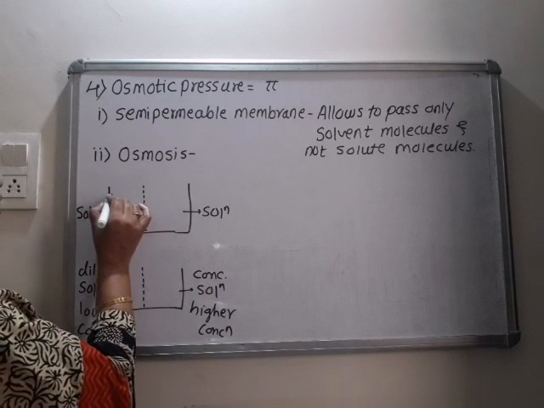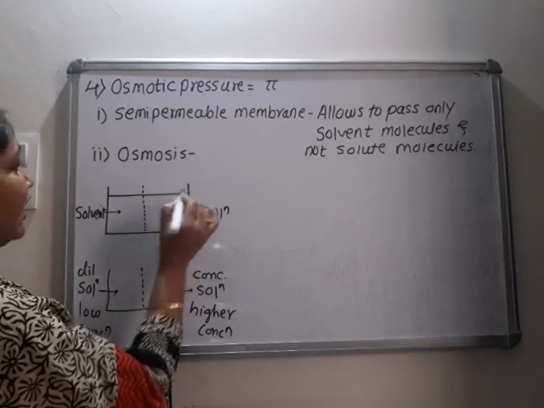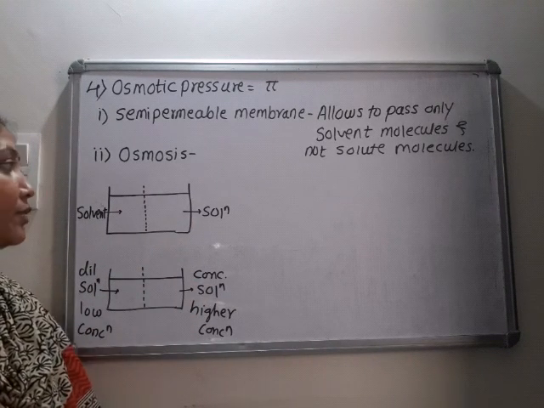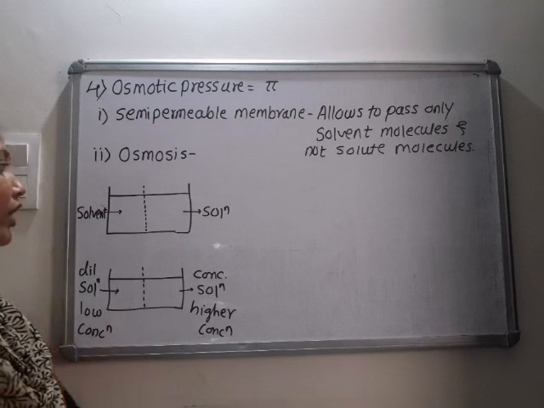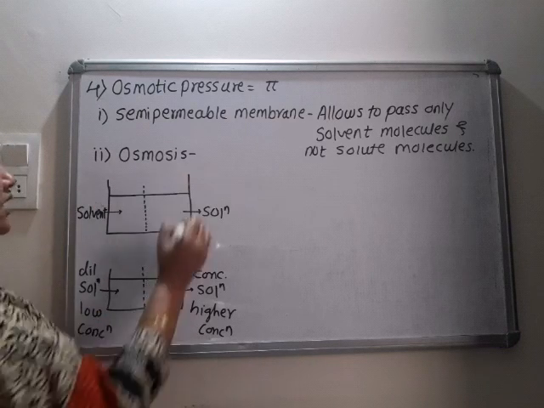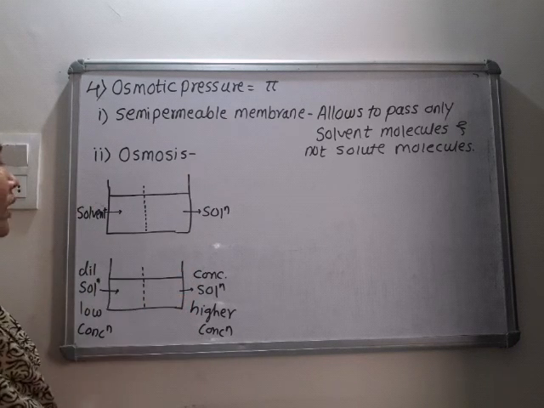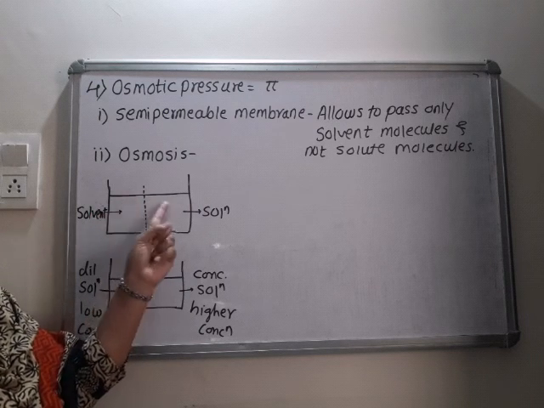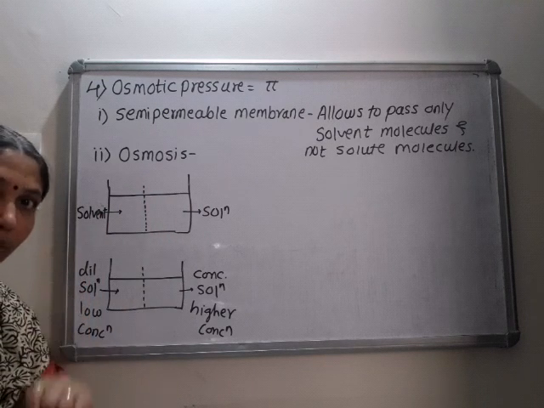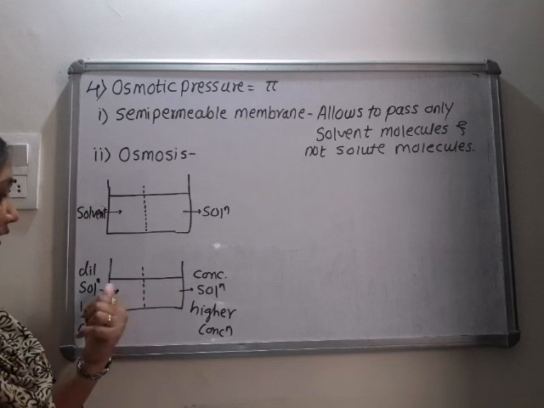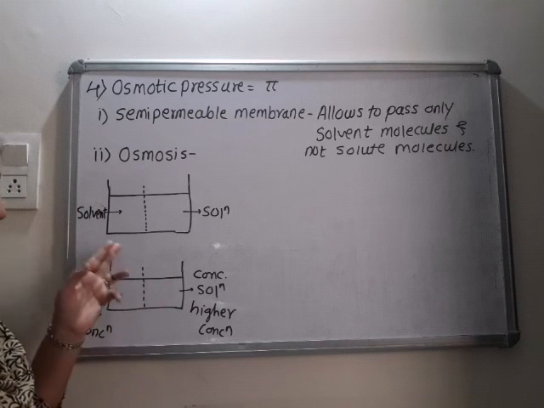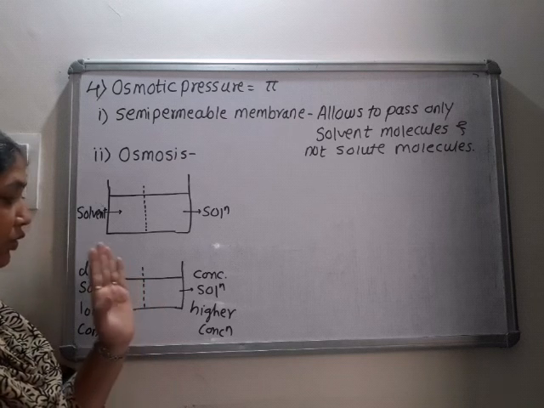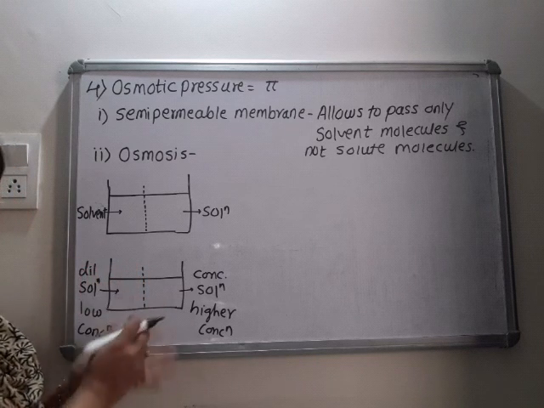Suppose in the beginning we have started with equal level in this container. Solvent and solution level is the same. These two are separated by a semi-permeable membrane. Here also we have one compartment with a semi-permeable membrane partition.